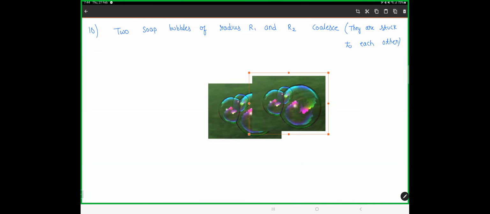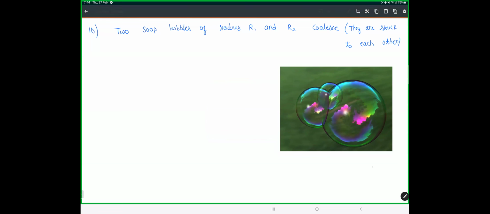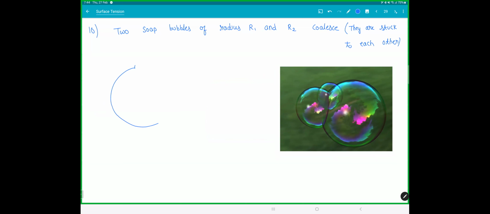I'm pretty sure you must have seen bubbles like this. When you're blowing bubbles, sometimes 2-3 bubbles stick and go like this. So we have a bubble here and we have a bubble here. This is your interface.